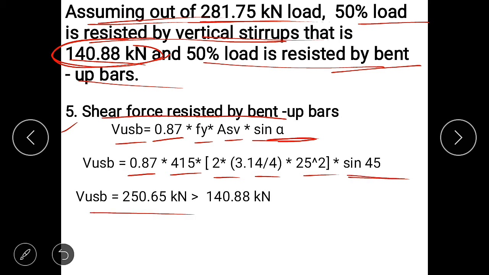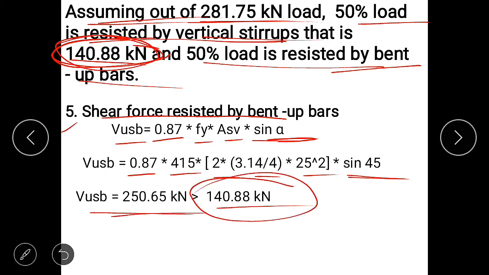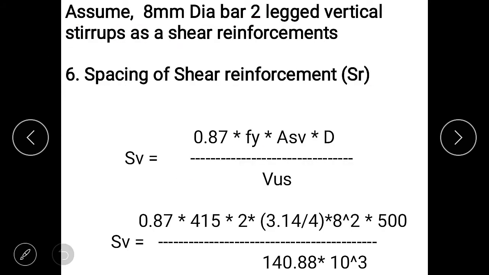So our VUSB is 250.65 kilonewton. It is greater than our 50% load, 140.88, so it is okay.